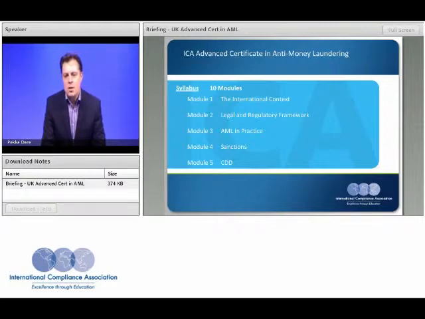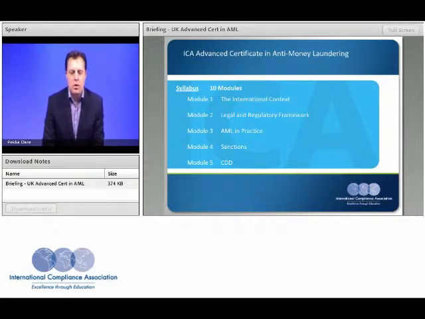And what has the international response to that been? So who are the key organisations internationally that help us fight money laundering and help set the standards for law and practice? More importantly, we'll look at how we can use the tools and information produced by these organisations in our own jobs and organisations.